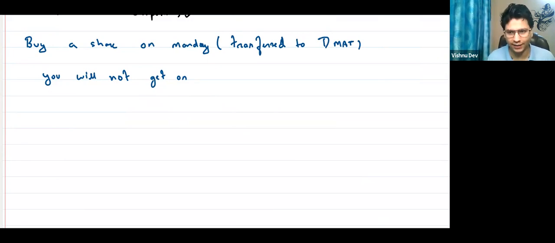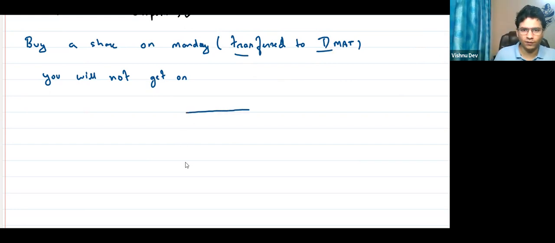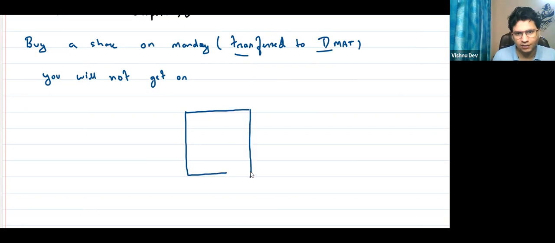Now the question is transfer to your demat. I hope all of you know that between you and the seller, there is a person and organization, which is your broker.